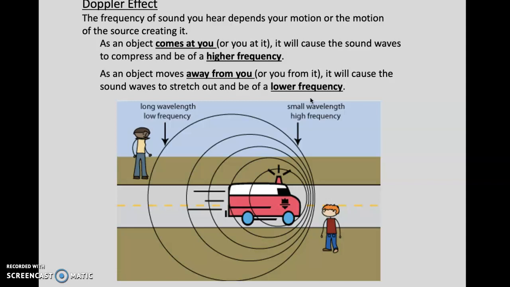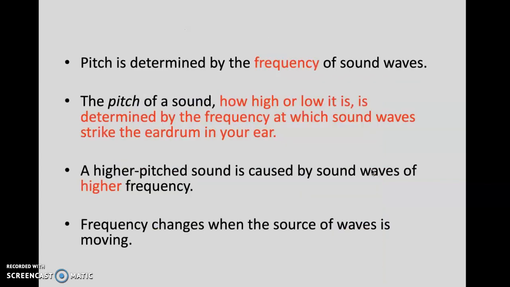So what you get is that noise that Sheldon was making, where you get an increase in pitch and a decrease as an object moves towards you or away from you. So as we look down here, the ambulance is coming. We get an increase in pitch towards this individual, and a decrease away from this individual, and you see that with these rings here.